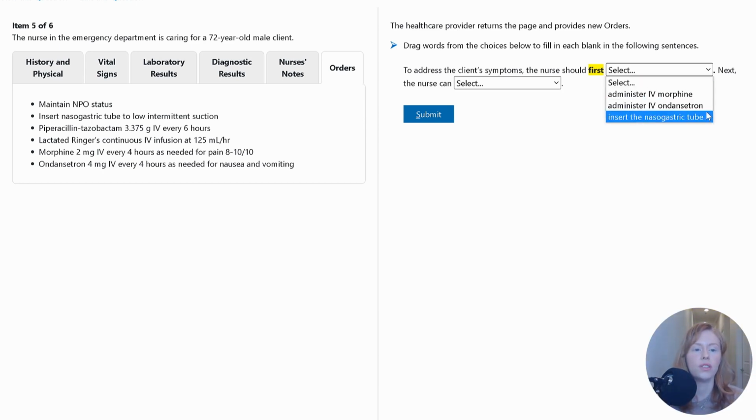We discussed how, of course, giving an anti-nausea medicine will do that, and then inserting the nasogastric tube will do that. But what does this look like if I do these things first? Am I going to let this poor elderly gentleman sit here with severe 8 out of 10 now abdominal pain while I'm sticking a tube down his nose?